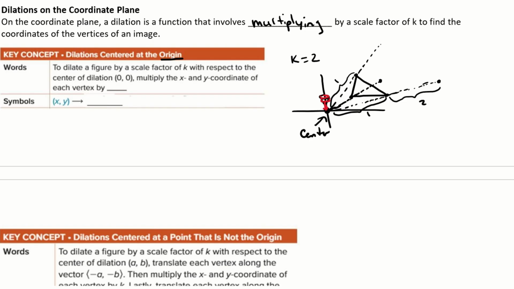So that's about another string length. I'm doubling whatever the string length is from the center, where the thumbtack is, to the point. And that allows me to stretch or shrink. And then there you go. So now I have this point right here. And then if I draw the image, which I will do in blue here, I will get something like this. Not a very good line.